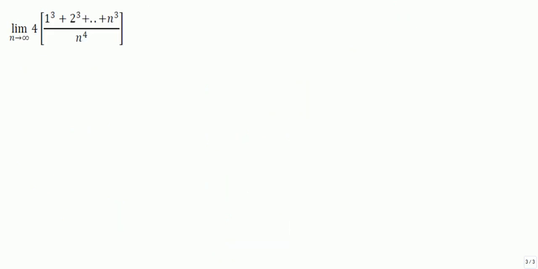Okay, now the last sum of this method, because we are taking 2 sums based on sigma n, 2 on sigma n square and 2 sums on sigma n cube. See, limit n tends to infinity 4 into 1 cube plus 2 cube till n cube, it is equal to what? Sigma n cube upon n raised to 4 is given.